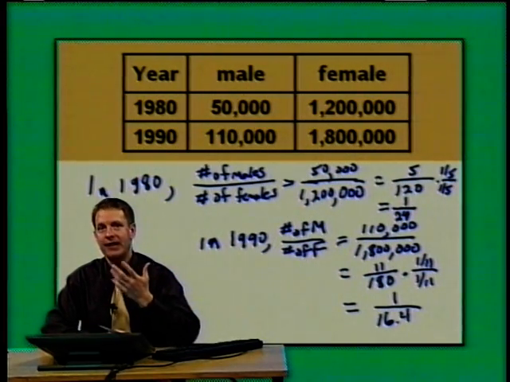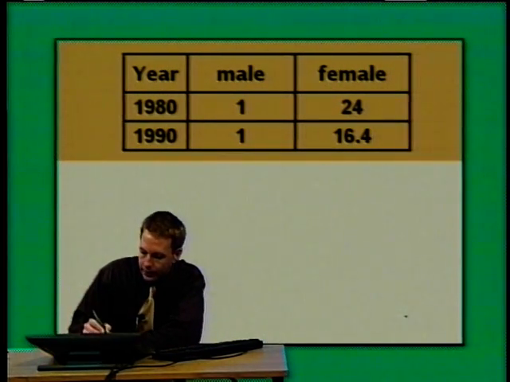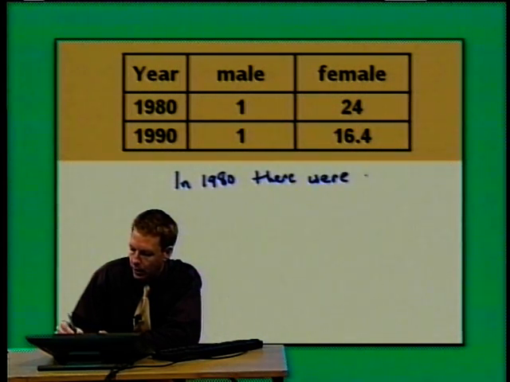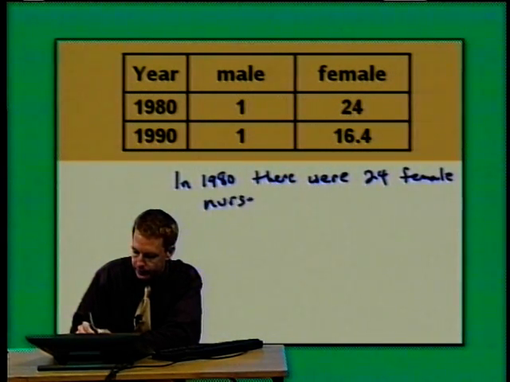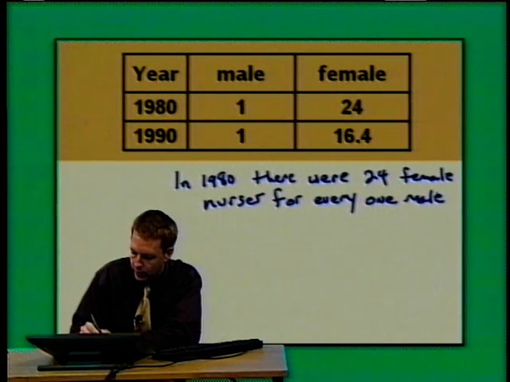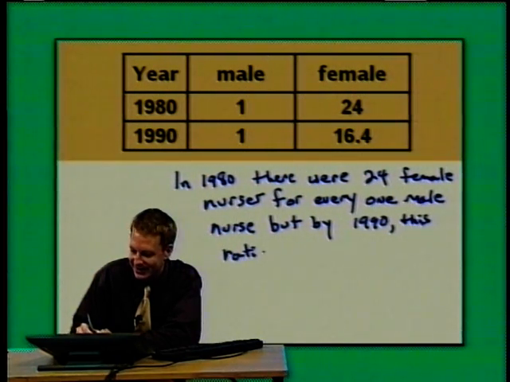So let's write a nice sentence that kind of summarizes our findings here. In 1980, there were 24 female nurses for every one male nurse, but by 1990, this ratio, pretty cool that I snuck that word in there, eh?